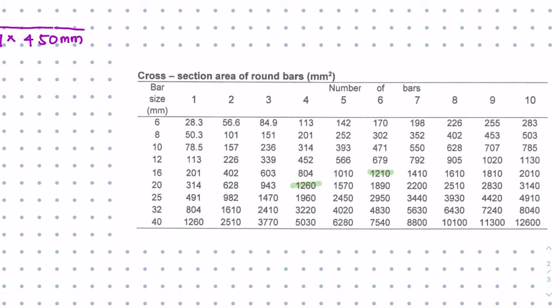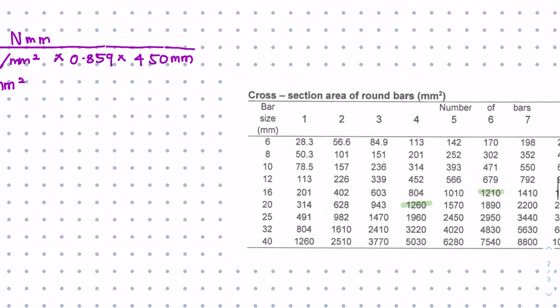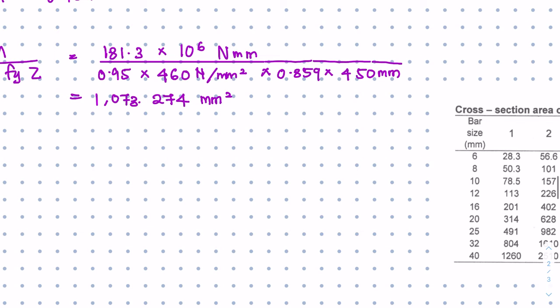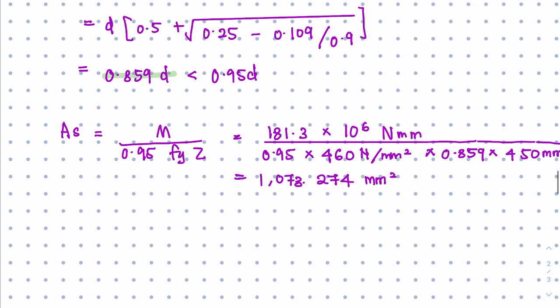So I use 16, because one of you suggested 16. Because in this question it does not specify the diameter of the bars that you have to use. So you can take any size of bars that you wish, as long as it fulfills 1073.274.